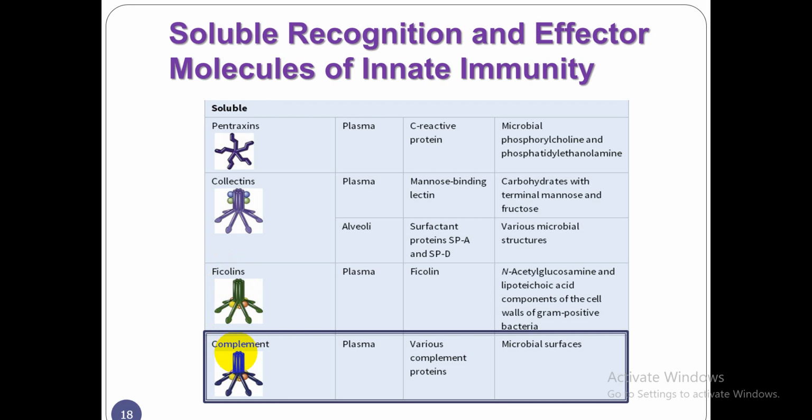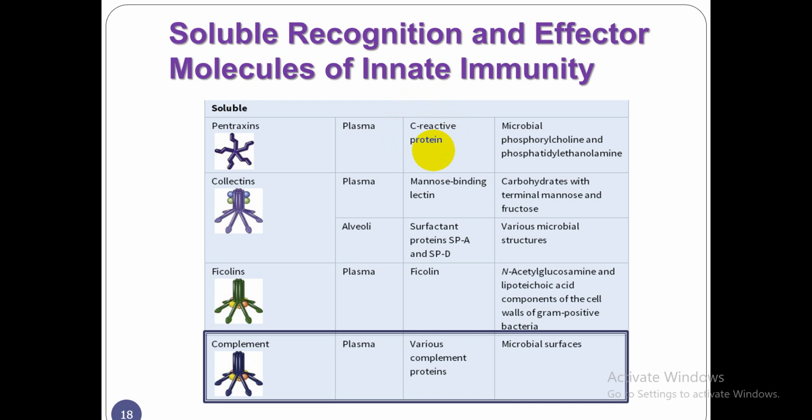And as you see in the picture, an example of pentraxins is C-reactive protein, which is produced in many inflammatory conditions.